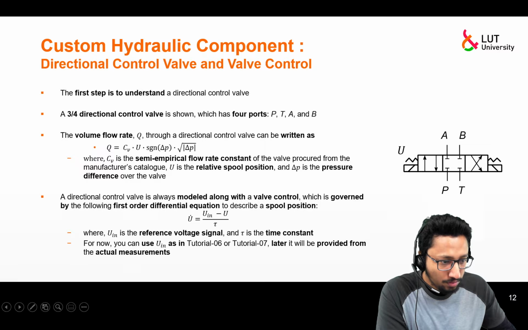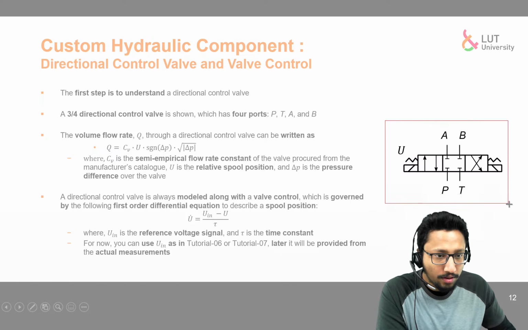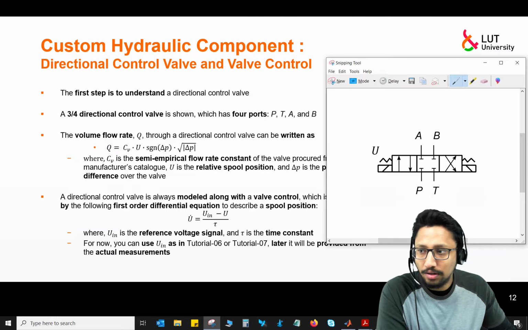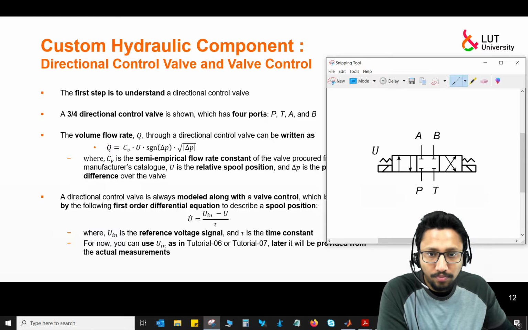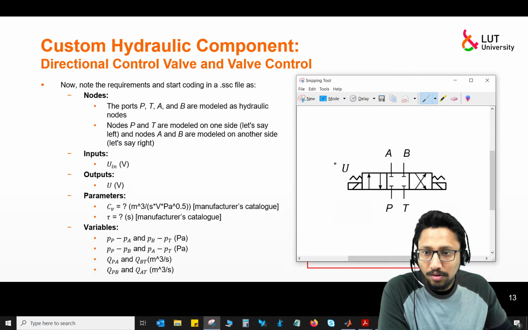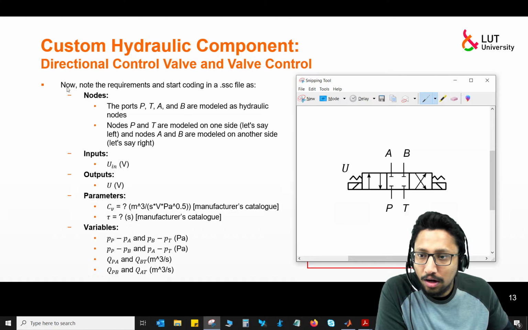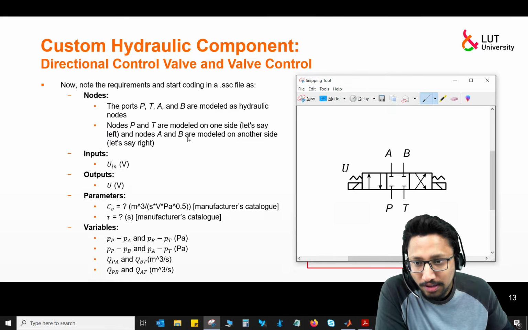So let me use a snipping tool so that I can show you exactly the same things. When we model a hydraulic directional control valve, we need to define some nodes in our .ssc file.